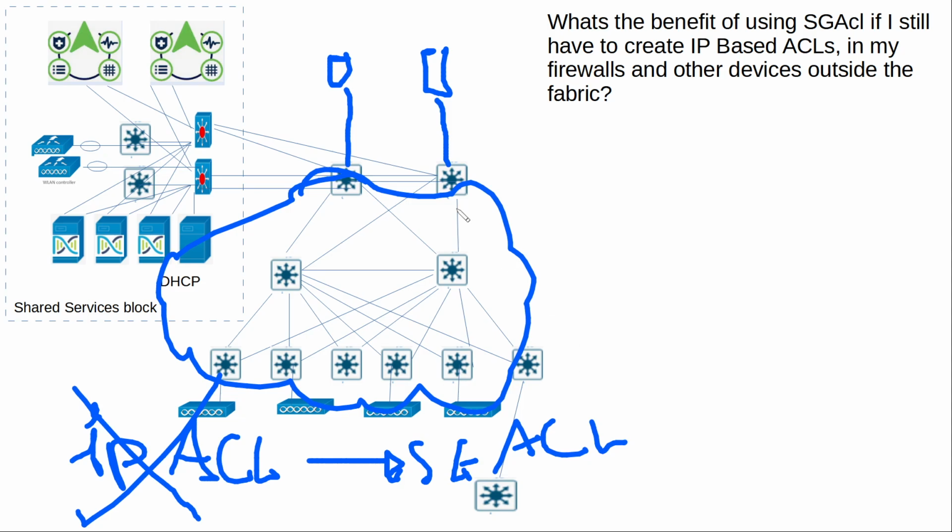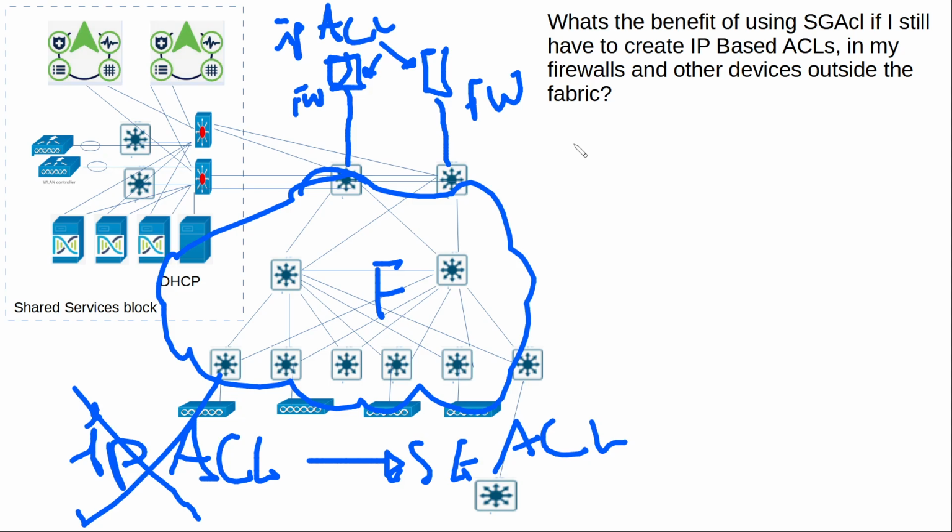But that will only work within the fabric. So if I have, for instance, firewalls that live outside my fabric, I still have to reflect a lot of these rules, and I will still be using IP-based access control lists here.